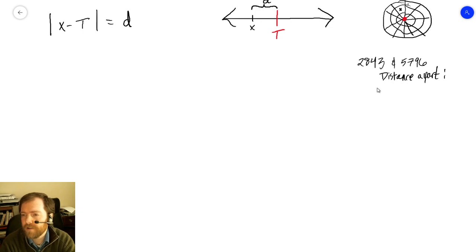If we subtracted 2,843 from 5,796, we end up getting 2,953.